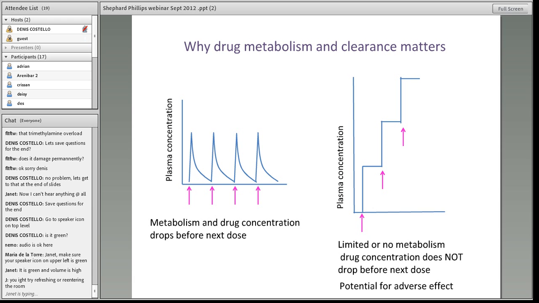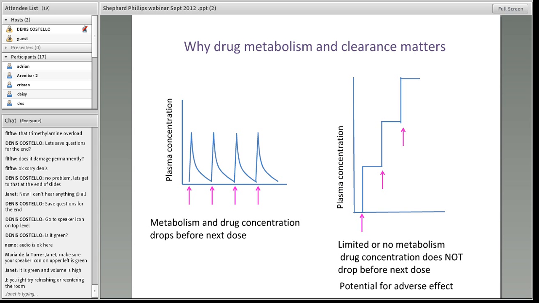But if you look at the right-hand side panel, again we have plasma concentration. Take the drug, the first pink arrow, and the plasma concentration rises. But here someone has a genetic change in a gene that's involved in clearance, so that the clearance is not very good and the plasma concentration stays high.